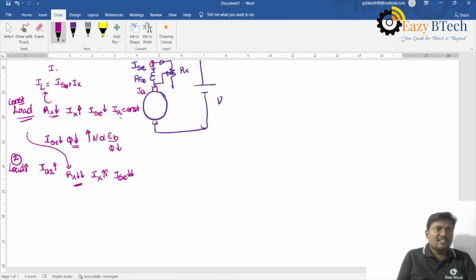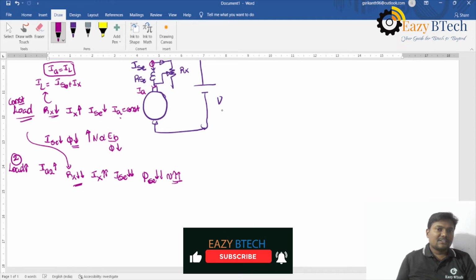In a series motor, IA is equal to IL. Here we are diverting the current flowing through the field. Then the flux produced by the series field winding decreases and the speed further increases.